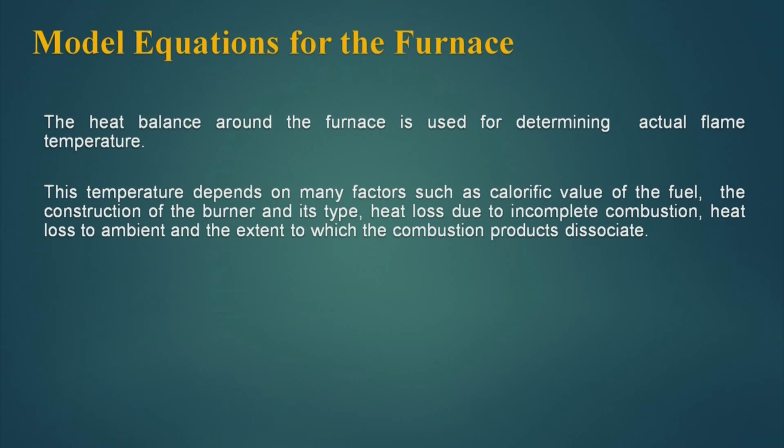These are the factors which will decide the actual flame temperature. To quantify all these factors beforehand is difficult, and hence calculating the actual flame temperature in a furnace is difficult. So, we will substitute it with another temperature, which is the theoretical flame temperature.